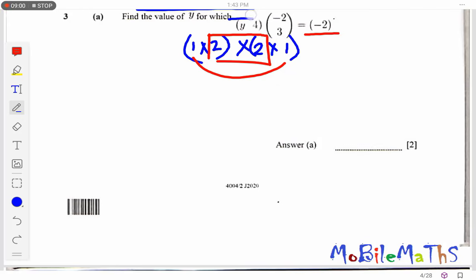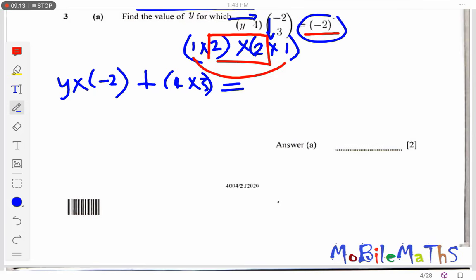Multiplying, we say row by column. So I'm going to have y times minus 2, plus 4 times 3, equal to this answer, minus 2. If you want, you can maintain the brackets to show that it is a matrix, or else you can use it as an equation. It's all still okay because we want to find the value of y.